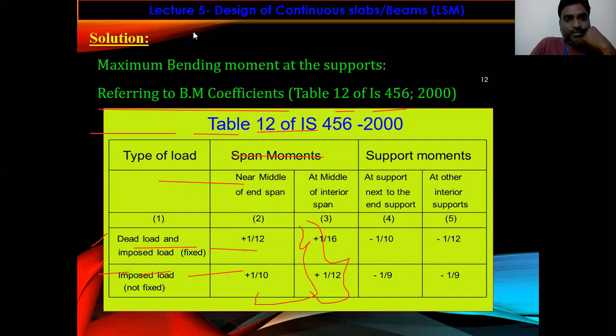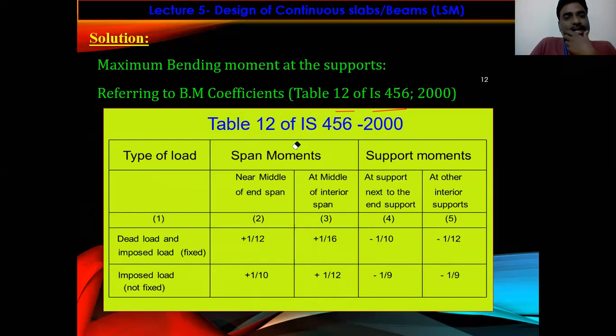This is a table for determining the moment coefficient, for bending moment coefficients at support next to the end support.